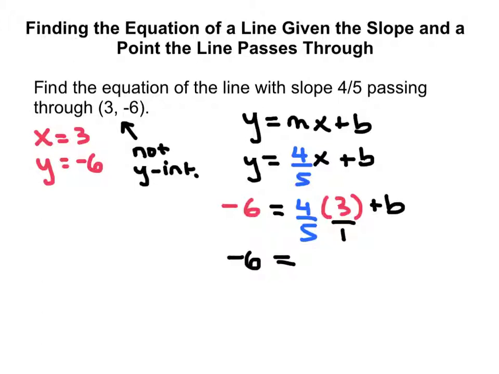And I don't see any possibilities of cross-canceling or having the denominator divide out, so I have to just deal with it as a fraction. When we deal with it as a fraction, it's numerator times numerator over denominator times denominator. So that should leave us with 12 over 5 plus b.